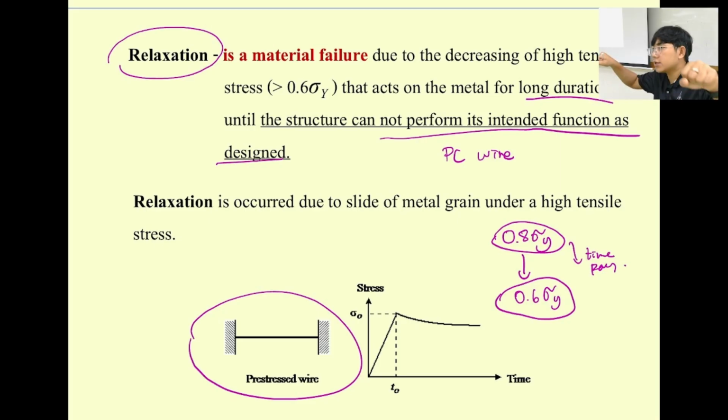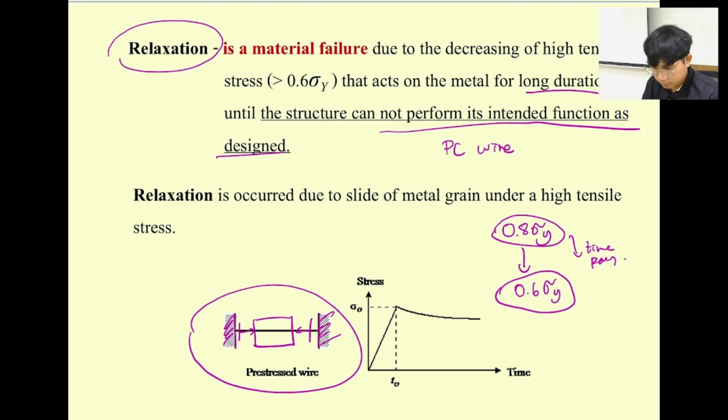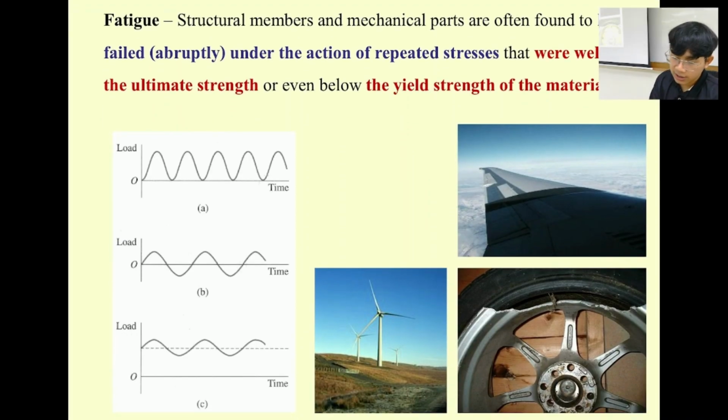Similarly, when we pull it, it's okay when we have the fixed support. But when we cut it, the force tries to push to the concrete surface like this, and the wire itself tries to relax. At some point in time, the wire won't be functional. That's what we call relaxation.